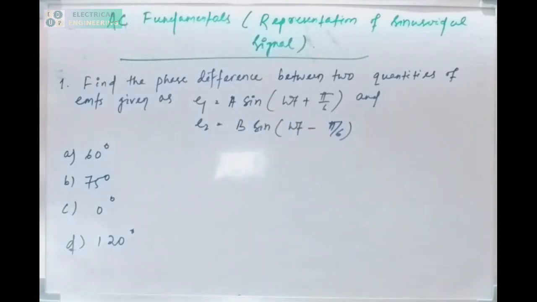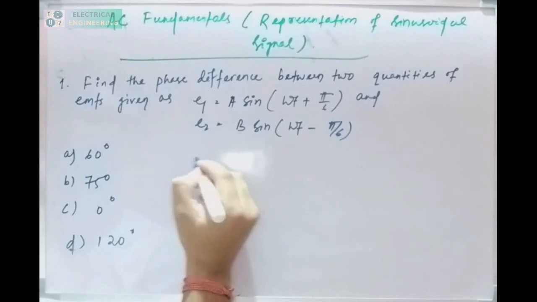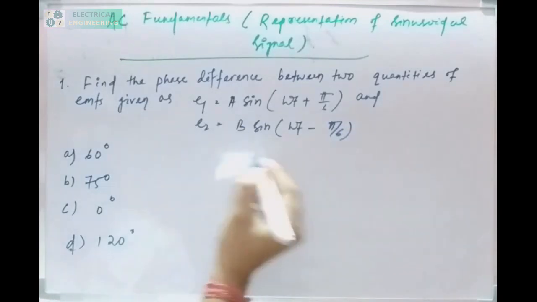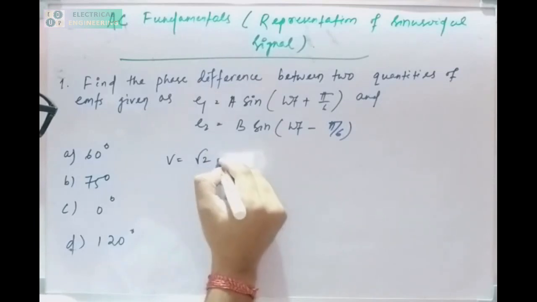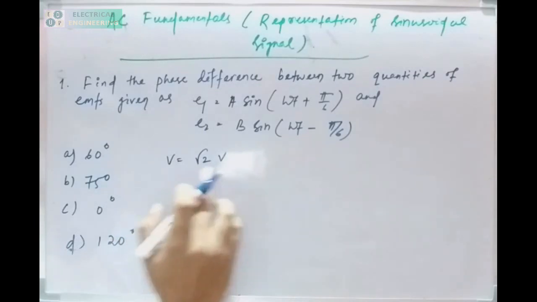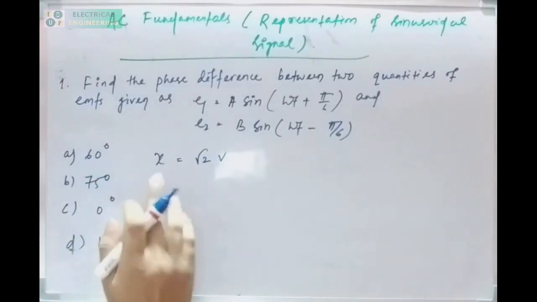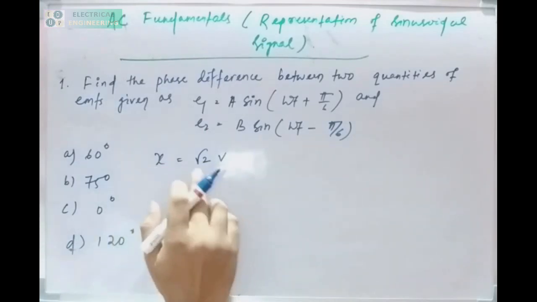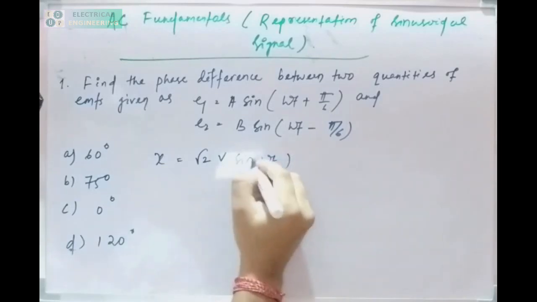You can represent a sinusoidal signal as follows. If I am representing a voltage signal, I can write V equals root 2 V. Here I have written V, that's why I am changing it. Let us consider it as X. So X equals root 2 V sine omega t.